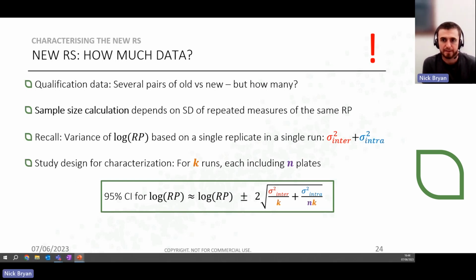We can write this 95% confidence interval in such a way that it's dependent on both the number of runs, so k in this equation, and the number of plates, which is our n, within each run.